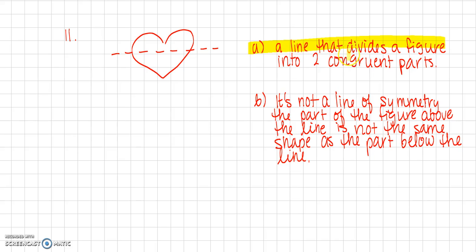Remember that on the constructed response, it's way better to write too much than too little.